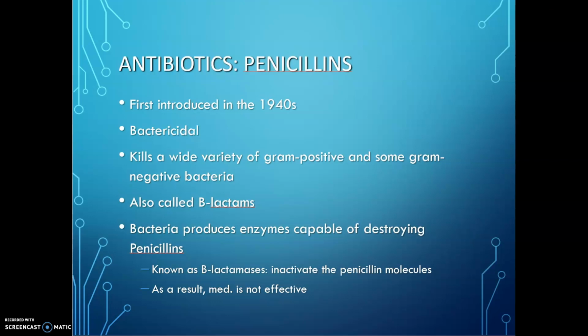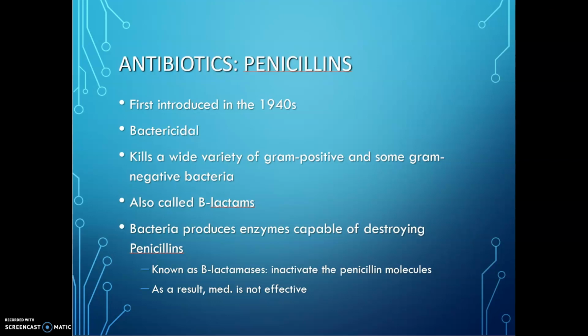So they stumbled across it accidentally, where they had mold growing at the same place where they were looking at other microbes, and they saw that it inhibited growth, like a perimeter ring around these molds. So they end up researching more and then isolating it out, and then started using penicillins clinically for bacterial infection. And it turns out that they are bactericidal, and they work by interrupting the cell wall itself.